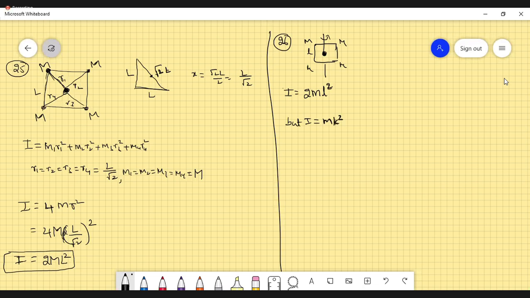If we equate these two, m k square equals 2 m L square. The m cancels. Therefore k equals root 2 L. Understood? Yes, sir.